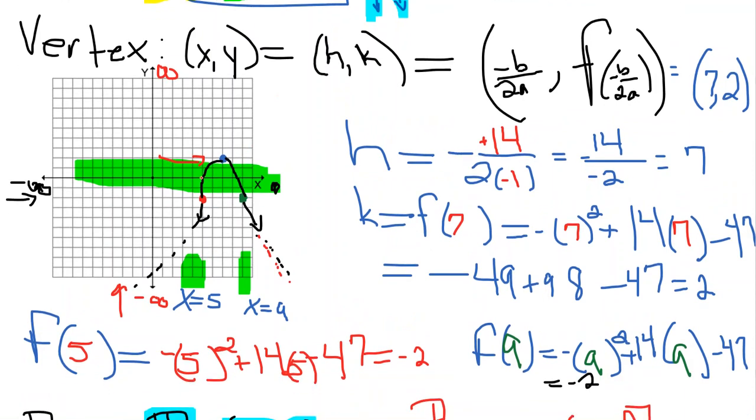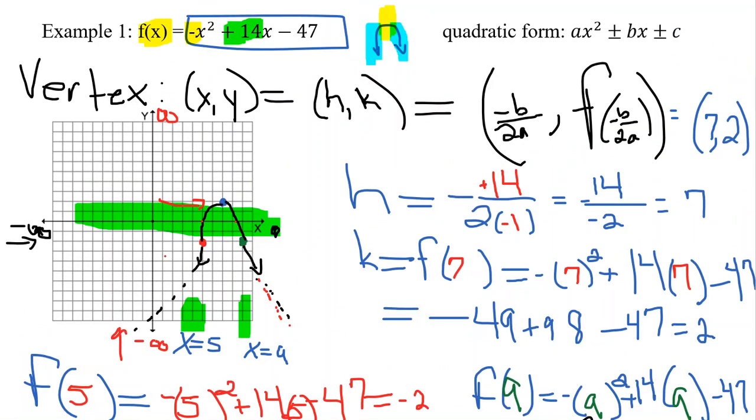Then it'll give us the points where it actually crossed the x-axis. To find where it crossed the y-axis, you'd plug in 0 for x, and what happens? You get a negative 47. So I know my graph is going to cross the y-axis down here at negative 47.